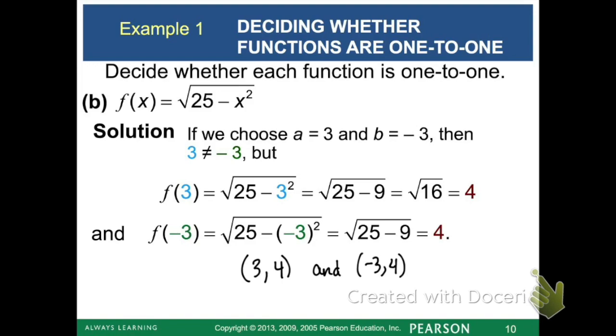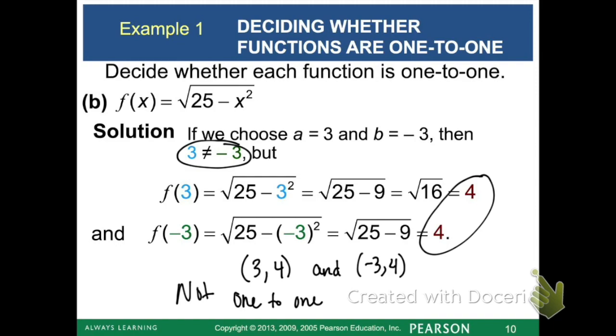So our function here is not one-to-one because our a and b aren't equal, but our f of a and f of b were equal. Again, anytime you've got an x squared going on, it should be a bit of a red flag that there's probably a number or two numbers that we can choose that give us the same output, 4 in this case, but aren't the same number that we plug in to begin with.